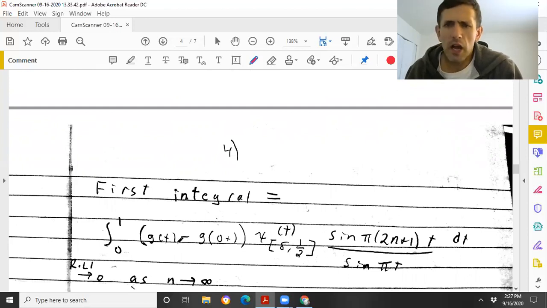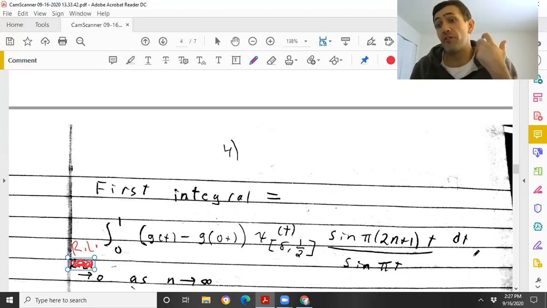We're assuming g is L1. On this interval delta to 1/2, this is a bounded function. That's the whole point of breaking it up like this. The bound definitely depends on delta, but that's okay. For fixed delta, the Riemann-Lebesgue lemma says that this is going to go to 0 as n goes to infinity, just like we had in the proof of Dini's theorem.